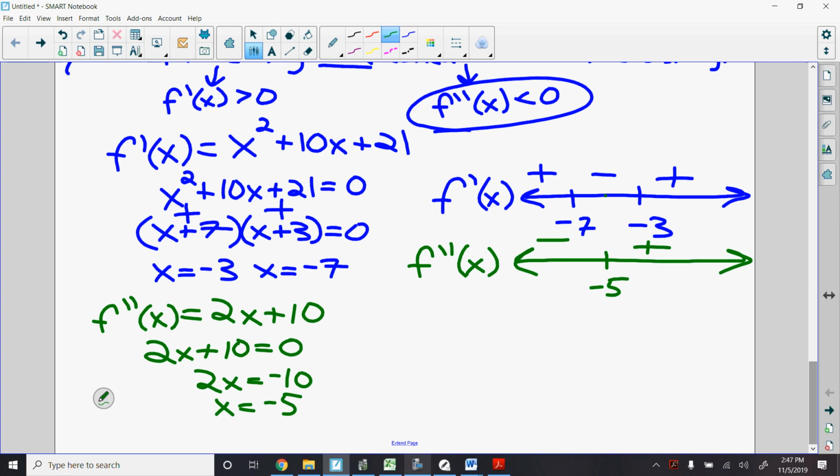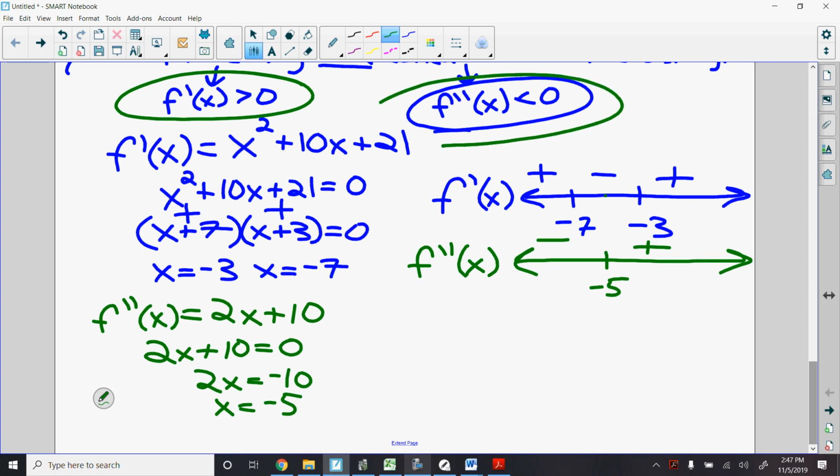So here's what I need to do. I need to report the region where f prime of x is positive and f double prime of x is negative. So when I take a look at this, we can kind of look here and say, this is what we're looking for, a plus and a minus.